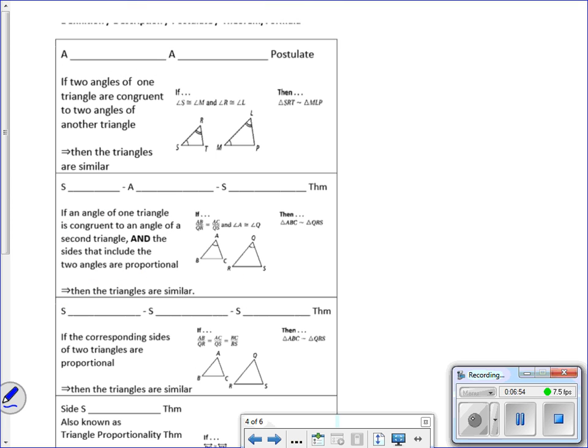So now, to prove triangles or polygons are similar, you have to show that every angle in one of the figures has a matching congruent angle in the other figure. And then you have to grab a side from the first figure and the corresponding side from the other and make sure that that ratio, that fraction between those two sides, is exactly the same as the ratio of all the other corresponding sides.